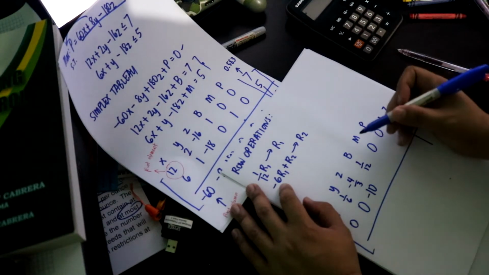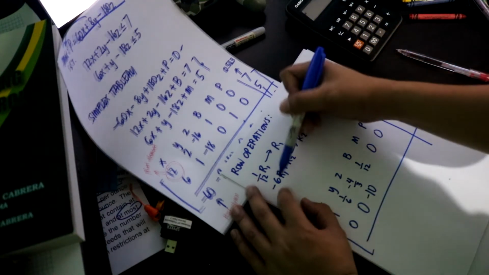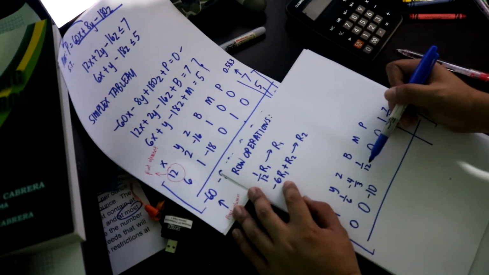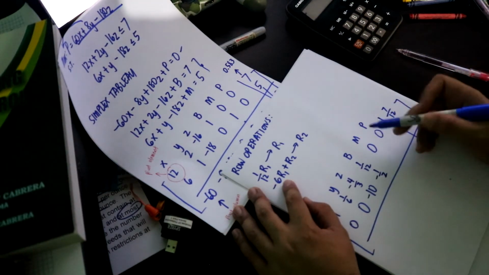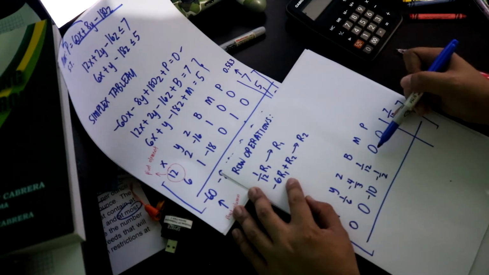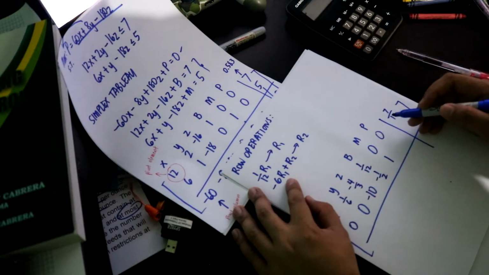And then next, negative 6 times 1 over 12, that would be negative 1 half. Plus 0, that would be negative 1 half. Negative 6 times 0 is 0, plus 1 would be 1.